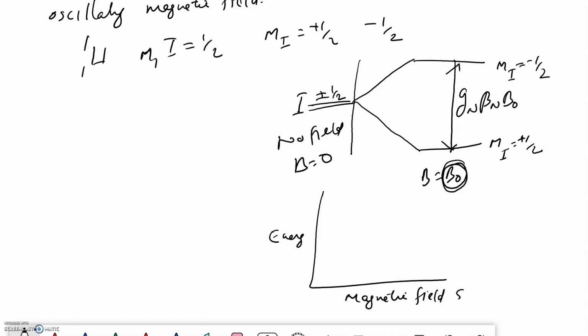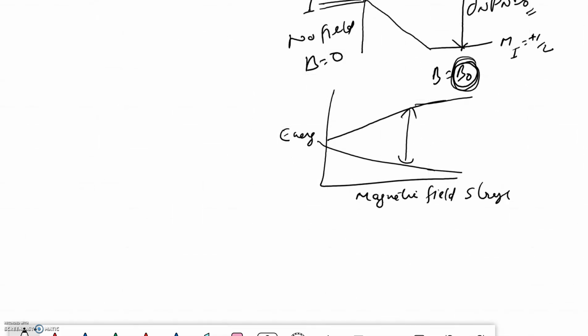The graph will be like this: with increasing field strength, the energy difference also increases. Delta E increases with increasing B0. We can understand that by this diagram.